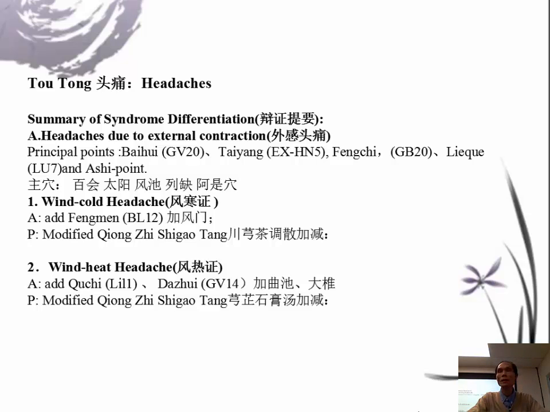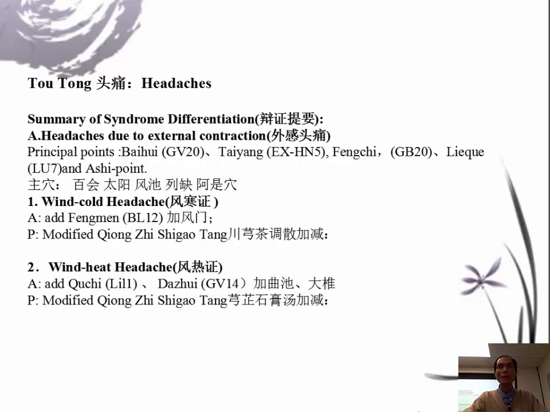Since many headaches are because of wind, we consider the 2 wind points behind our head here. We have the 风池, and also 风府. 风池 is GB20, and the other one is 风府. 风府 is just 1 inch above our hairline, which is GV16.